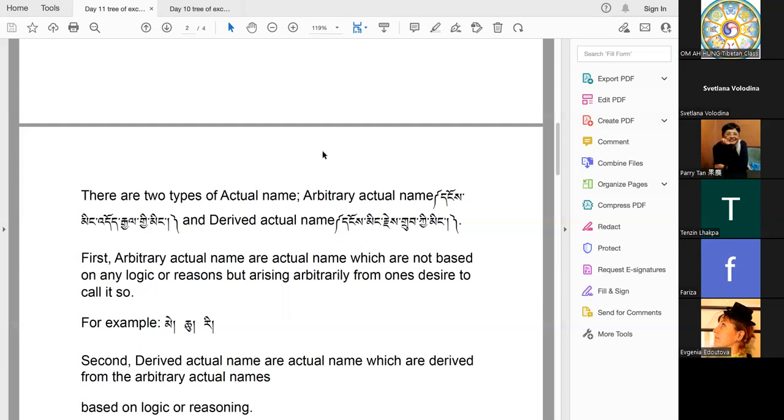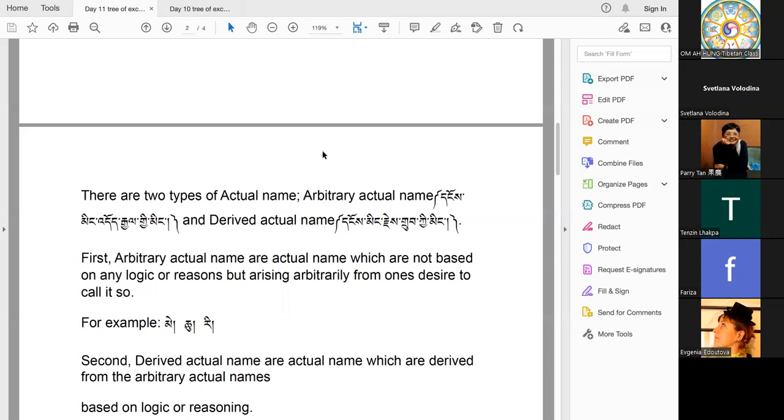But here we have the name under the group which is known as the designated name. So the very definition of these names is that they don't represent the actual phenomena. And what I mean by not representing the actual phenomena is that the phenomena that is represented by the terms is not represented there.